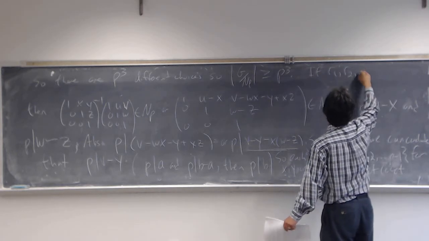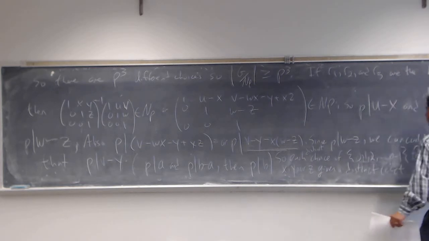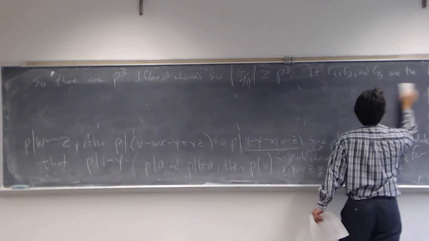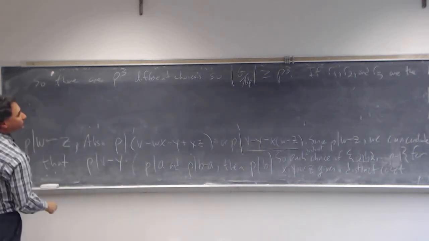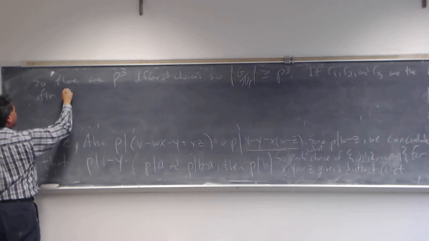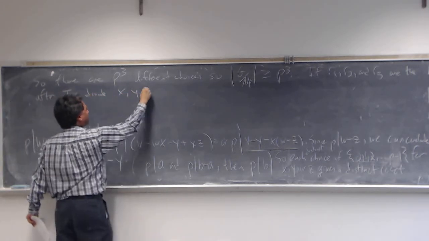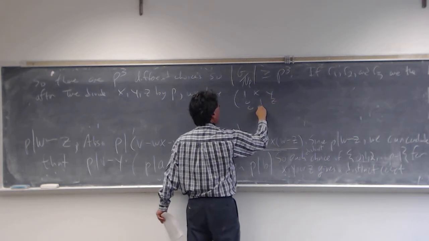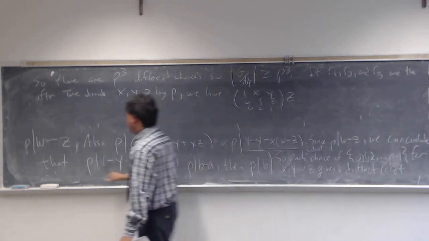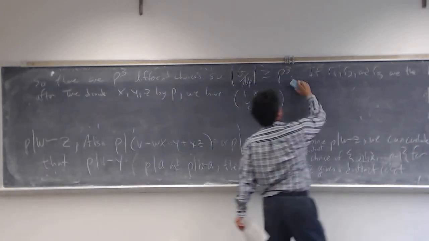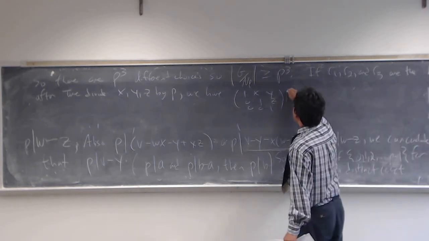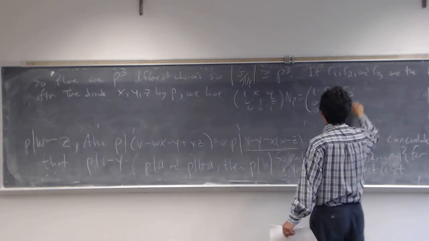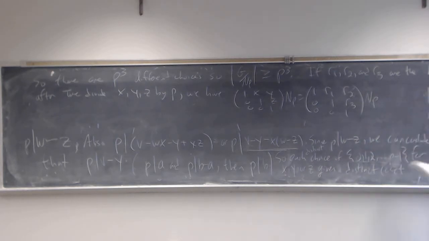Well, if r1, r2, and r3 are the remainders after I divide x, y, and z by p, we would have that this coset would have to equal that coset.